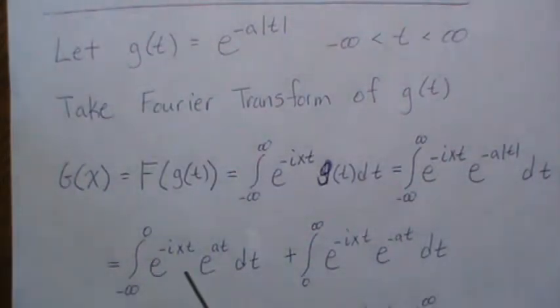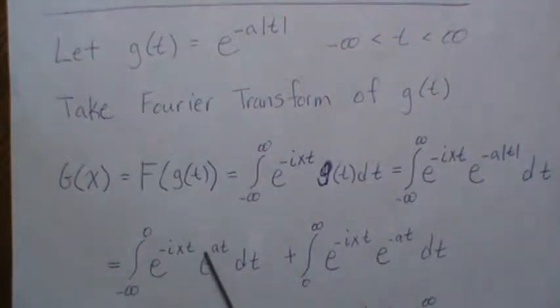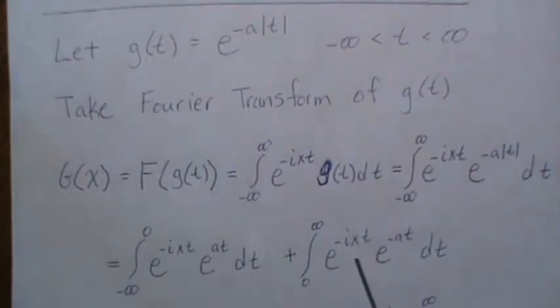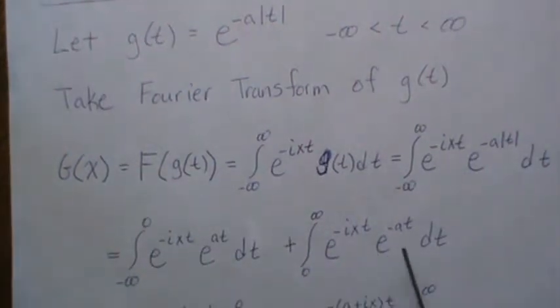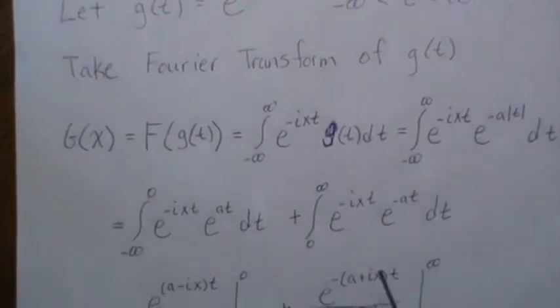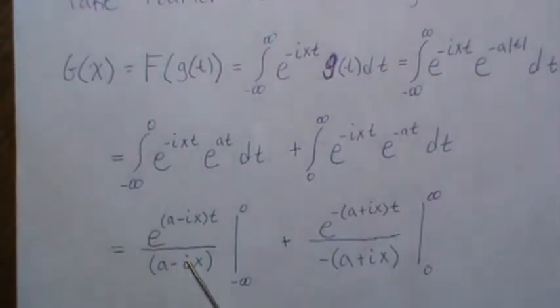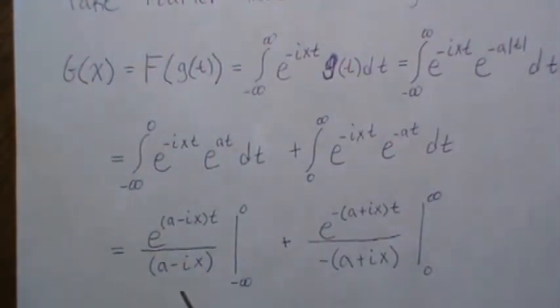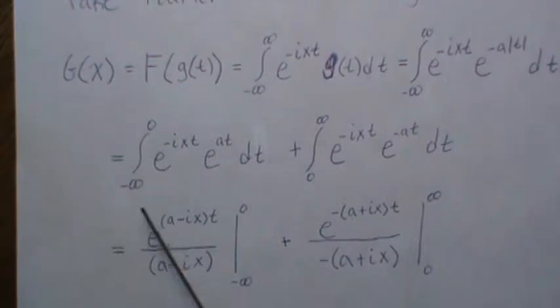Okay, so now to take these integrals, we combine the e, so we have a minus ix all times t, and here we would have minus. I'm going to skip ahead and just take the antiderivative straight from here, and then we're integrating from these limits.